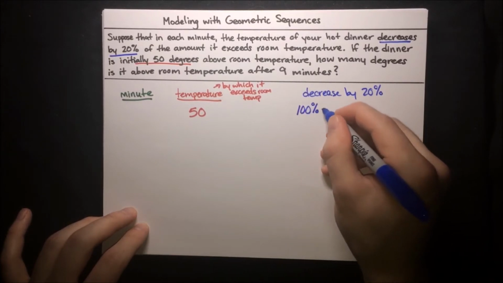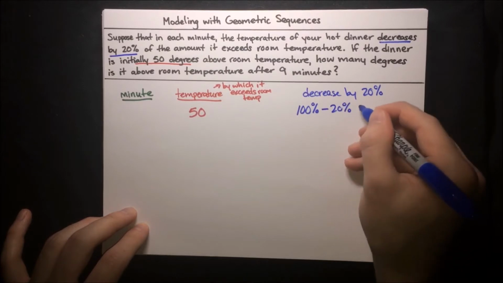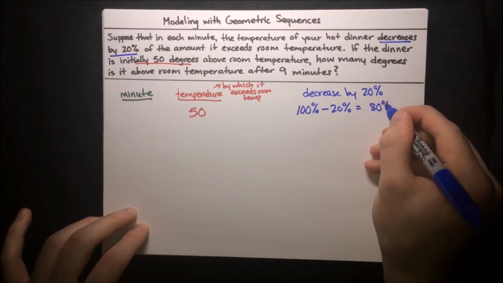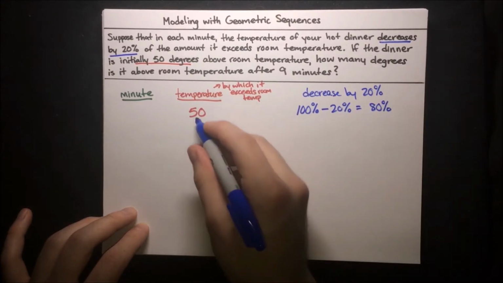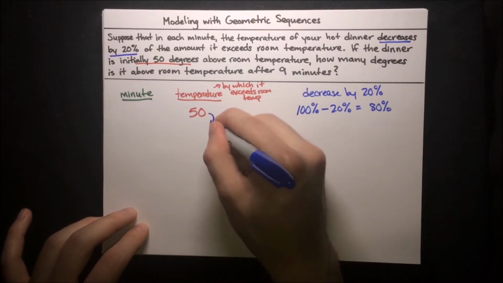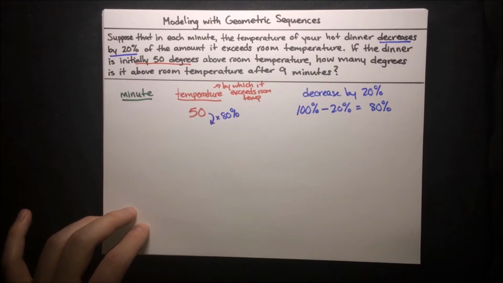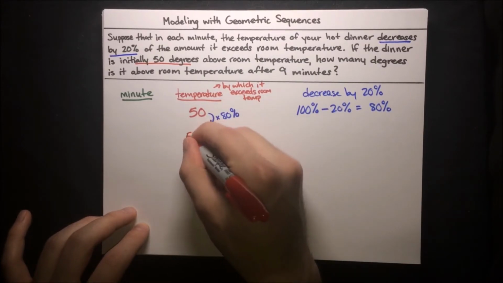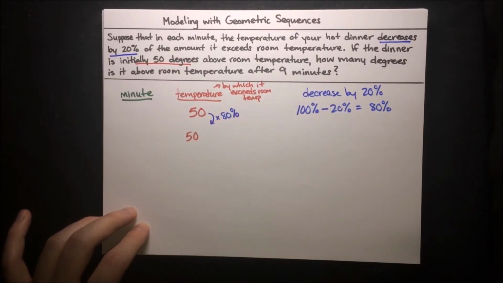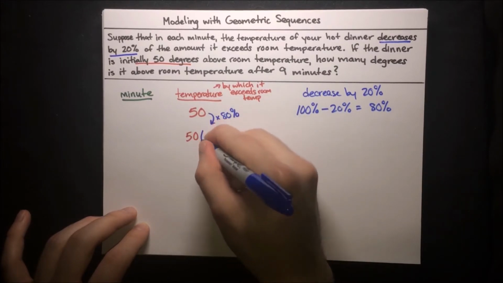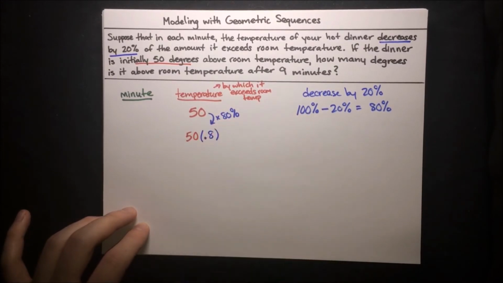So 100% minus 20% is 80%. So that's what we're multiplying by every time. So we'll multiply by 80% to get to the next number. 50 times 80%, and 80%, converting that to decimal, of course, that's just 0.8. So 50 times 0.8, and that would be the temperature at the first minute.